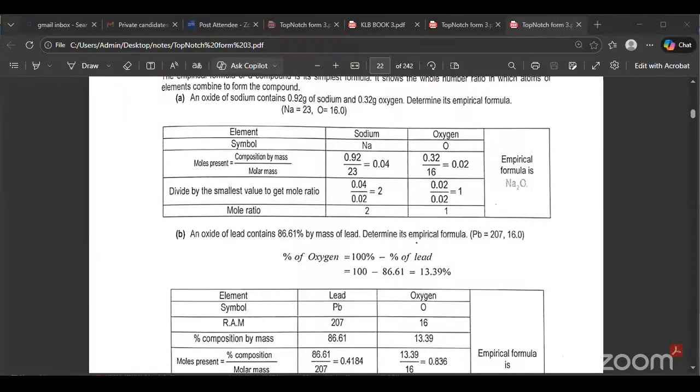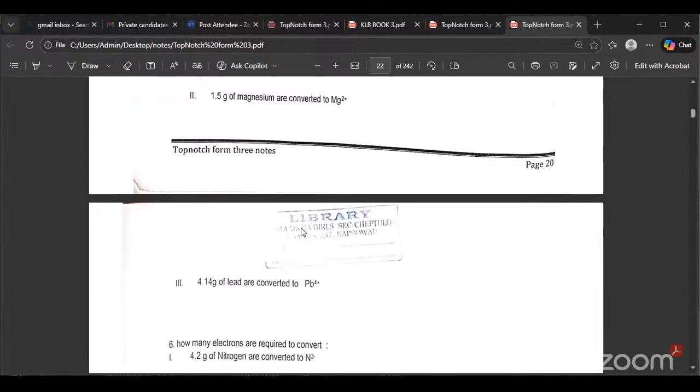Yeah, let me check. I hope everybody can see. So I've gotten one answer. So this one is the kind of empirical formulas.